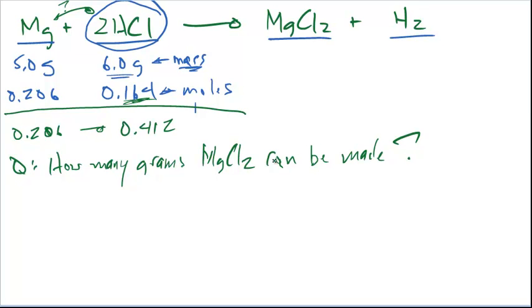Okay, and so we determined that HCl is the limiting reagent, and therefore we will base our stoichiometry calculation on this amount. I'm going to put an X here, that's what we're looking for.